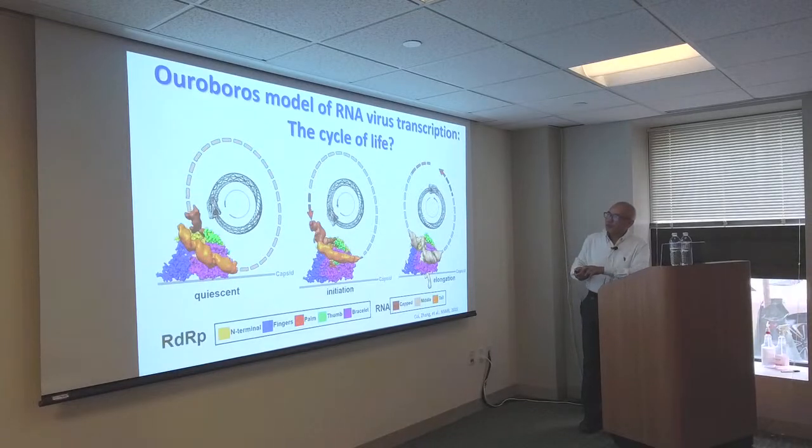We call this model Ouroboros, from Greek mythology. Basically, the snake is chasing its tail. So you can see that you can reproduce the messenger RNA this way continuously.